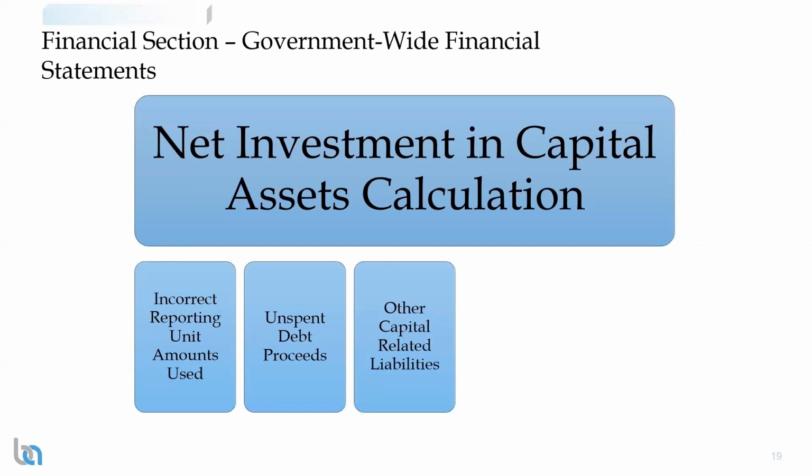Right? Other capital related liabilities, and I think this is still probably often missed, or it may be challenging to accumulate. You want to include other items like retention payable, other capital outstanding accounts payable. Retention payable may be a bit easy. Capital related accounts payable may be challenging, as you may need to do an analysis of your accounts payable to identify what's capital related and what's not.